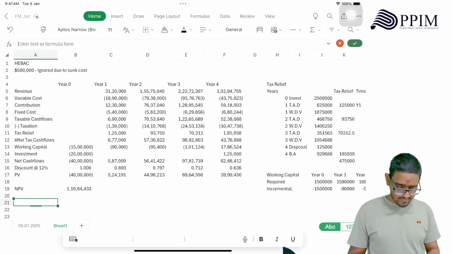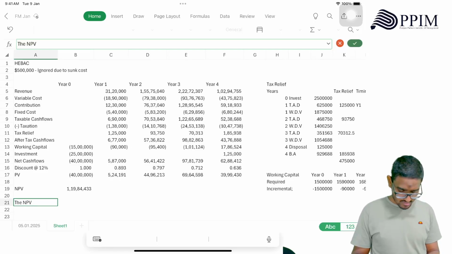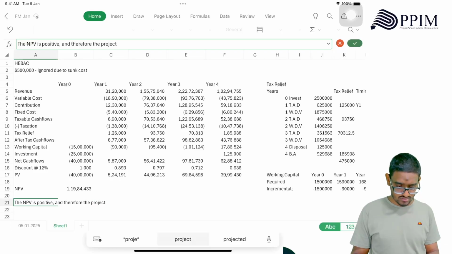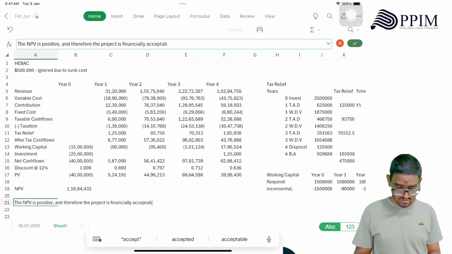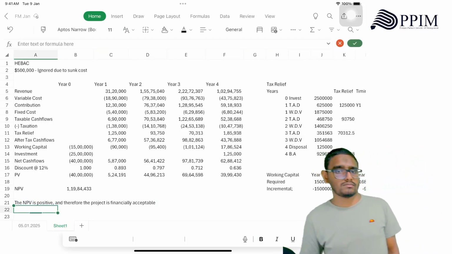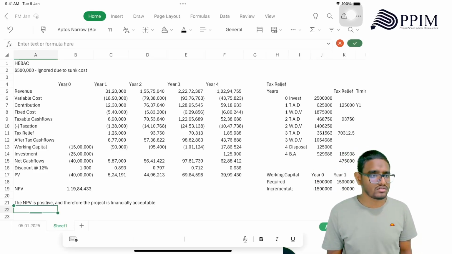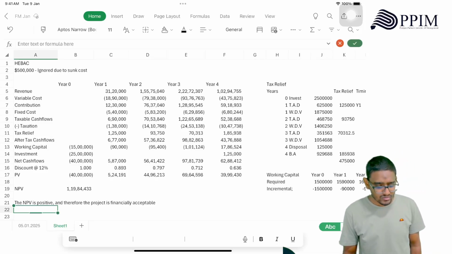So you can say here the NPV is positive, and therefore the project is financially acceptable. Always use the words financially acceptable, because there can be other non-financial factors which can make this project not feasible. So always use this format.